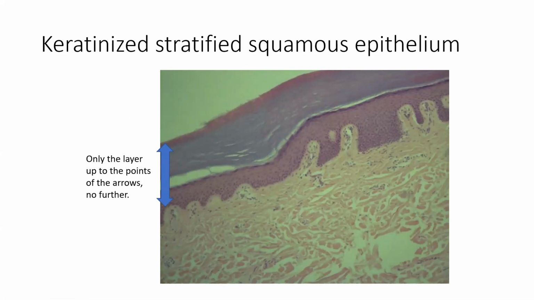The epidermis has keratinized, stratified, squamous epithelium. Here's the apical side, here's the basal side. Deeper to the basal side is the dermis, where you find connective tissue.